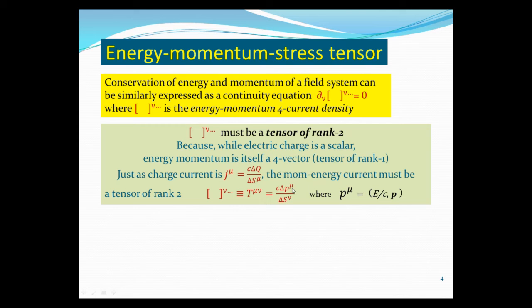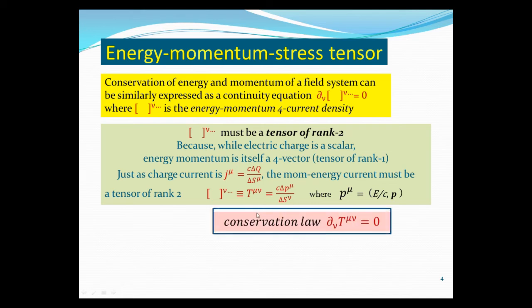Because the quantity considered to be conserved is itself a vector with one index, the current has two indices. So the energy momentum conservation of a field system would be like this: the full divergence of the rank 2 energy momentum tensor equals 0. Of course you may say, I don't know what T mu nu is anyway.